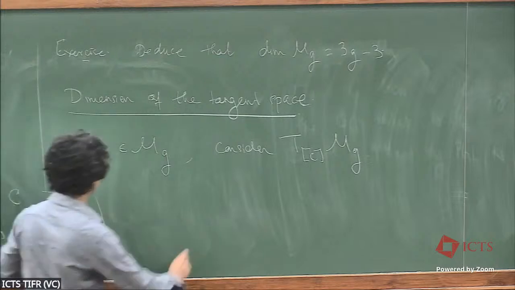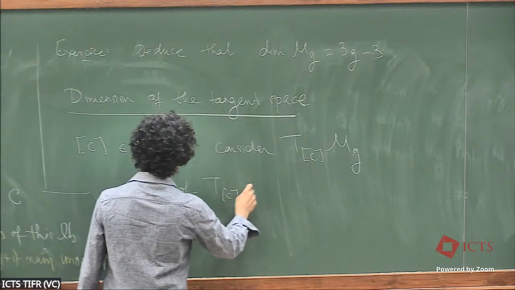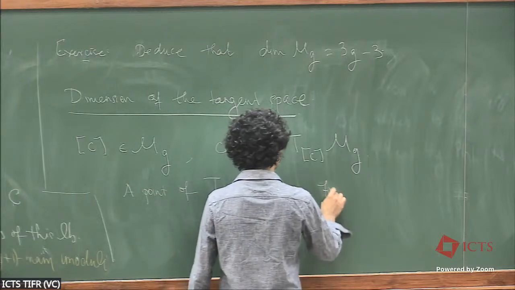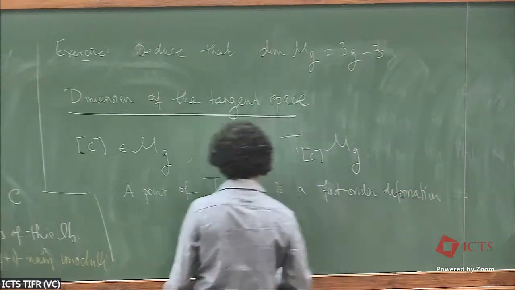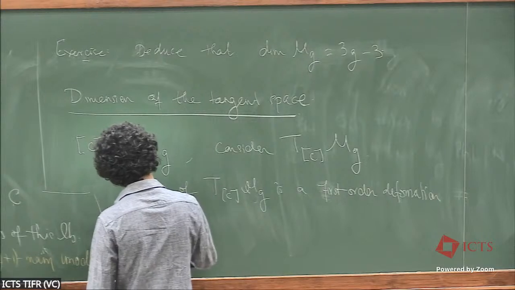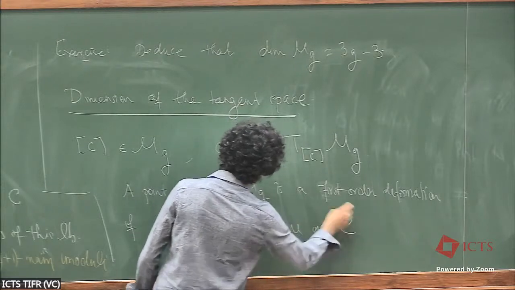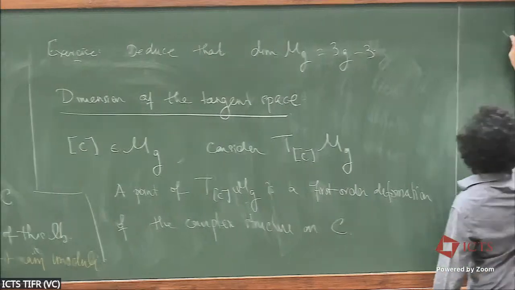So what the tangent space really means, a point of the tangent space, is a first order deformation of the complex structure on C. Okay. So this is maybe slightly more sophisticated, but I'll try to walk you through it. Okay, so what do I mean by a first order deformation of the complex structure? Okay, so now I sort of have to be an algebraic geometer because I want to say it this way.